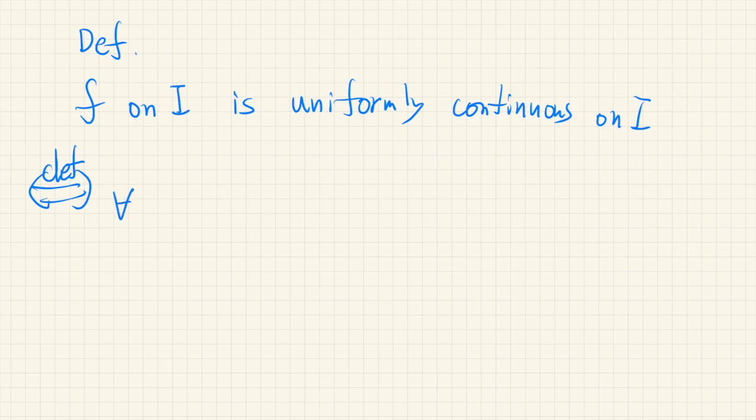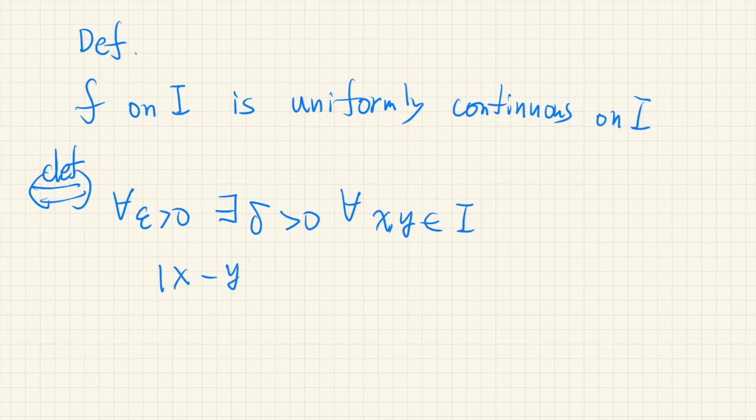That is, for any epsilon that is positive, there exists some delta that is positive such that for all x and y in the interval, the following holds. If the distance between x and y is less than delta, then the difference between f of x and f of y is less than that arbitrarily chosen epsilon. So that's the definition.